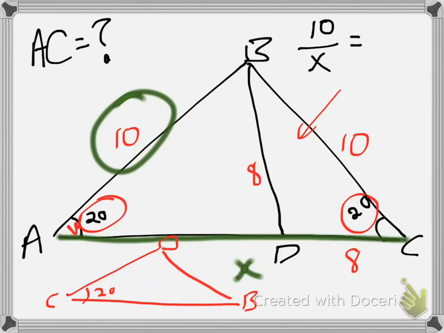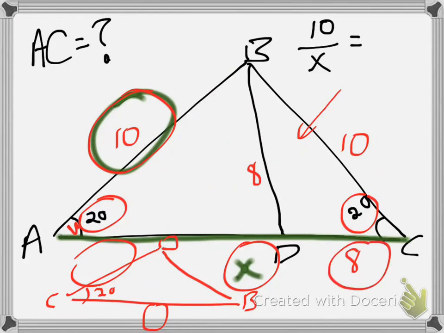So now I'm going to figure out what the corresponding side is. I did 10 over x. So here I need to do this side over this side. So CD is 8 over CB, which is 10.